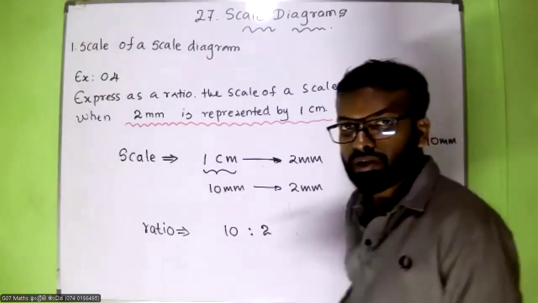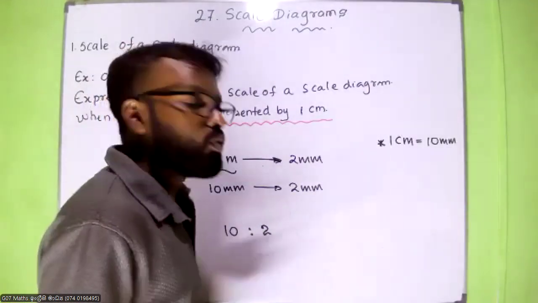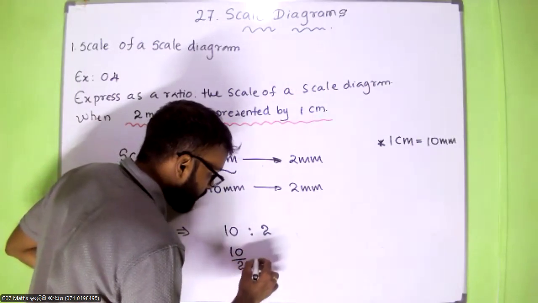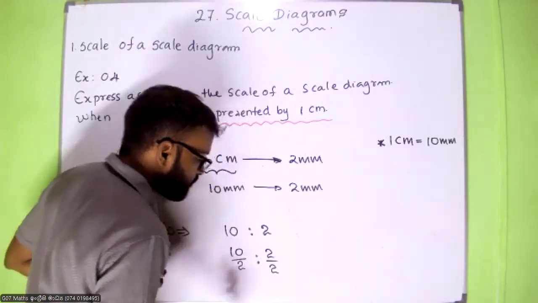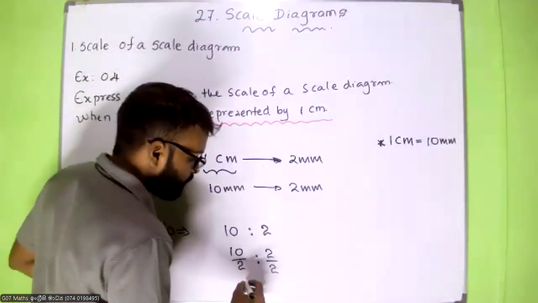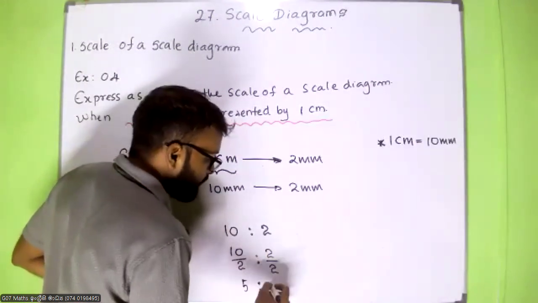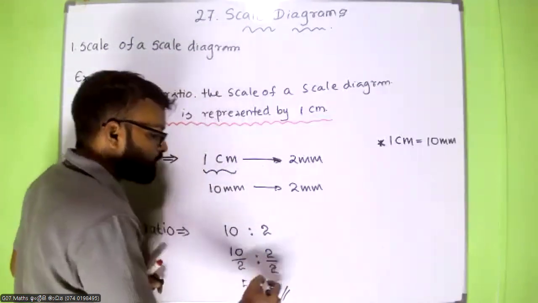So you can divide 10 and 2 by the number 2. I am going to divide 10 by 2 and 2 by 2. So 10 divided by 2 is 5. 2 divided by 2 is 1. So your ratio should be 5 to 1.